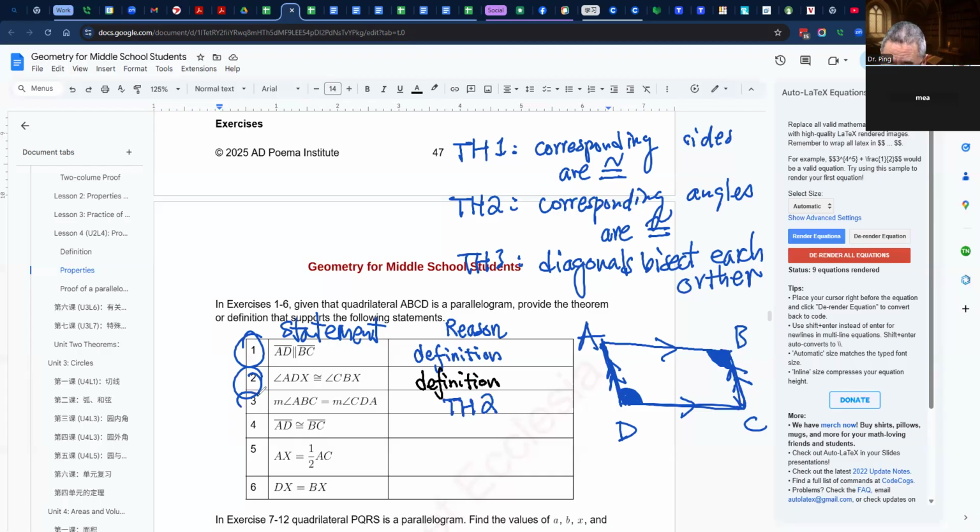And number four, AD is congruent to BC. So that means AD here is congruent to BC. So which theorem is it based on?